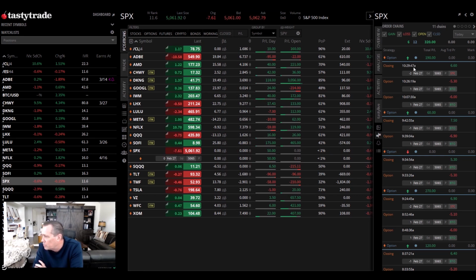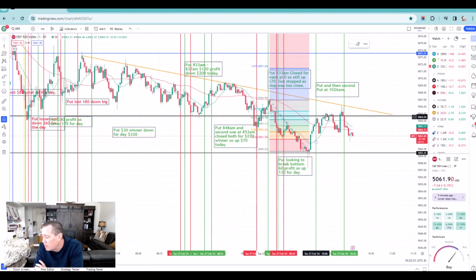We closed out at 10.29, and if we look at the charts, here's the first one I put on at 10.06. Second one, so that was around this range, and then it moved up.